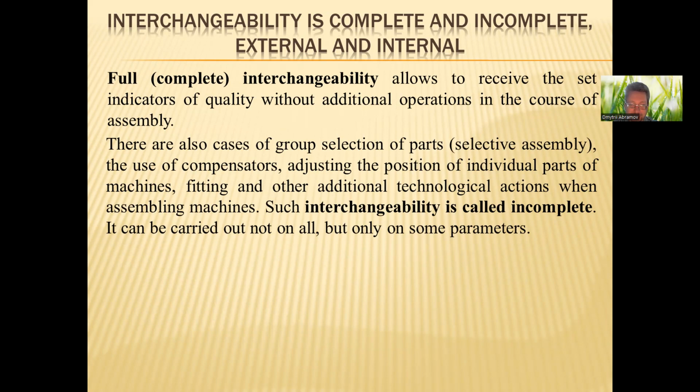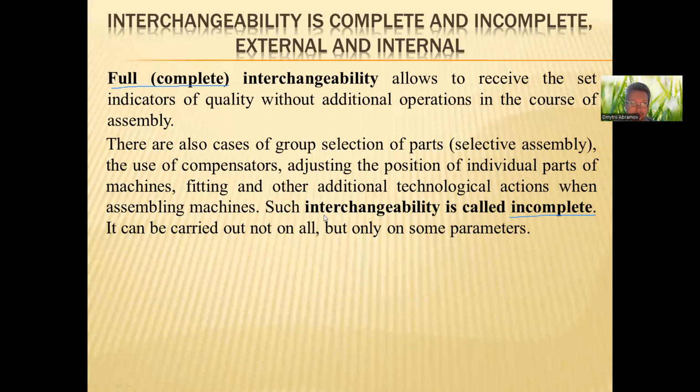Such interchangeability is called incomplete. Before this was full or complete interchangeability, that was the definition.